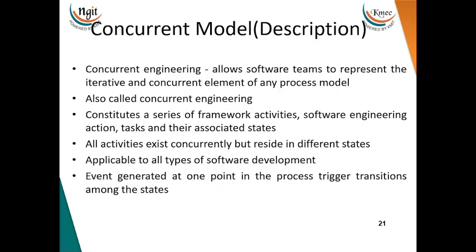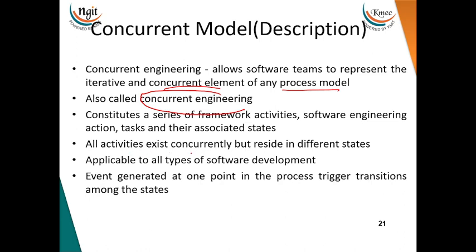Now let's say concurrent engineering allows a software team to represent iterative and concurrent elements of any process model. It is also called concurrent engineering, which consists of a series of framework activities and software engineering tasks with associated states.